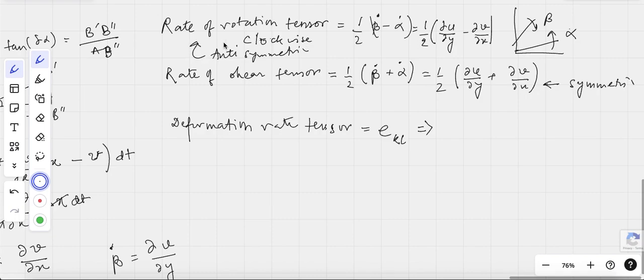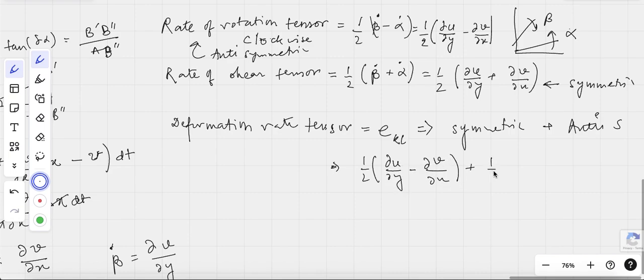So this will be a summation of symmetric plus antisymmetric: half du dy minus dv dx plus half du dy plus dv dx.